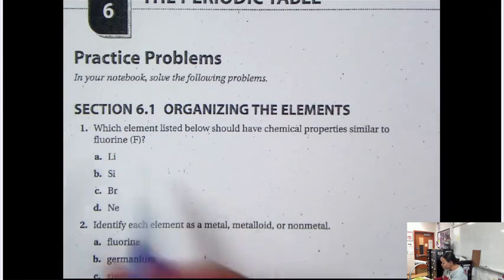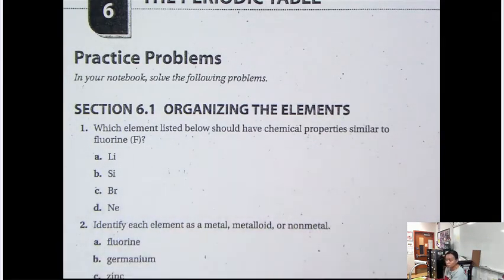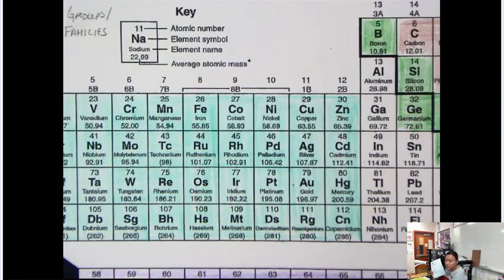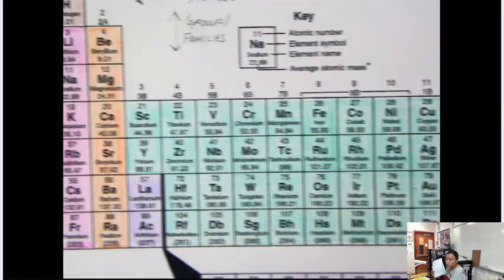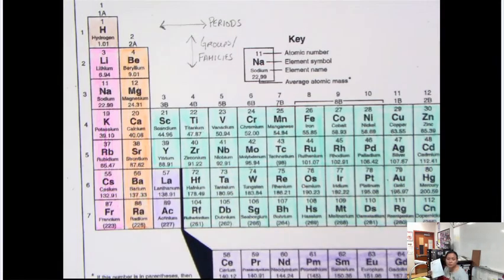Number 1 says, which element listed below should have chemical properties similar to fluorine? Okay, so how would you know if something has similar properties? What did we say as far as how this is organized? How will you know if it has similar properties? Put an answer in the chat, please. How do I know if something has similar properties, let's say to calcium? How would I know? Good.